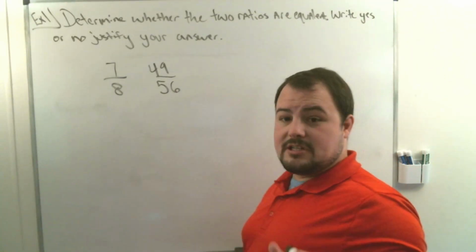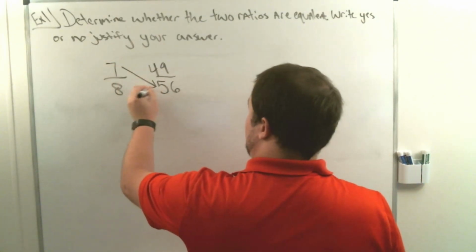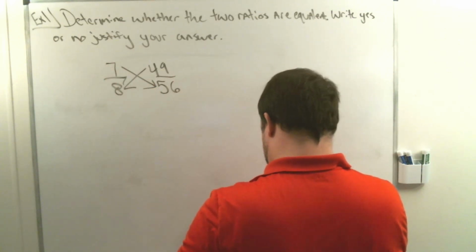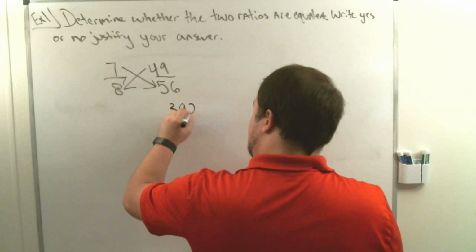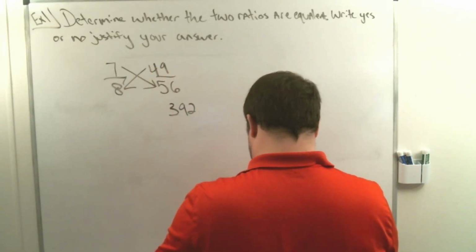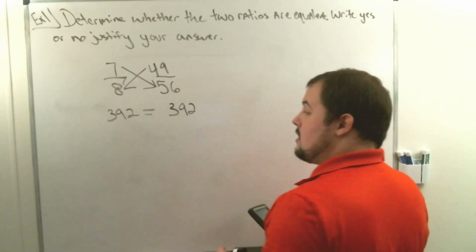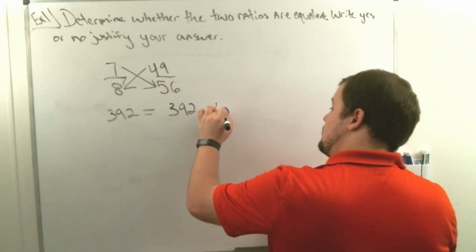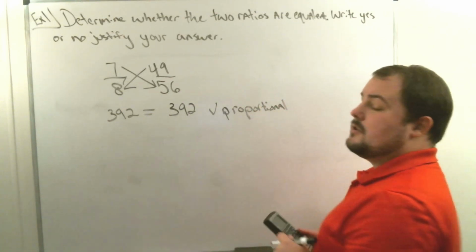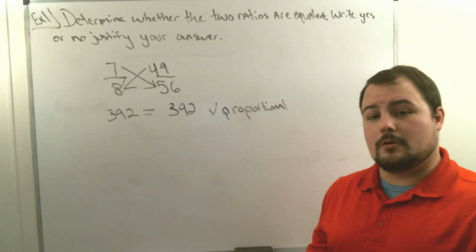So one way that we can tell if two things are proportional or equivalent is to cross multiply. 7 times 56, we get 392. 49 times 8, we get 392, and if they are equal, then that means they are proportional. So we have a proportional relationship between these two fractions because they are equal in value.